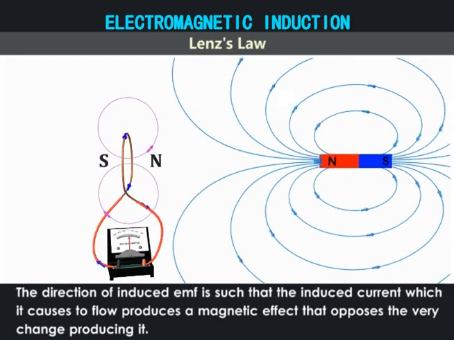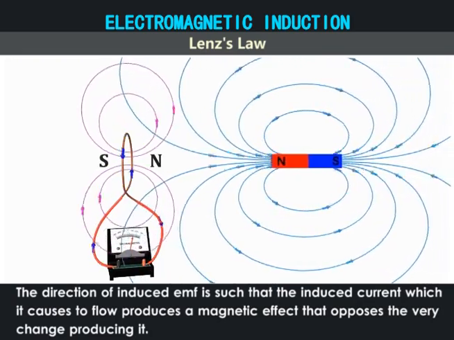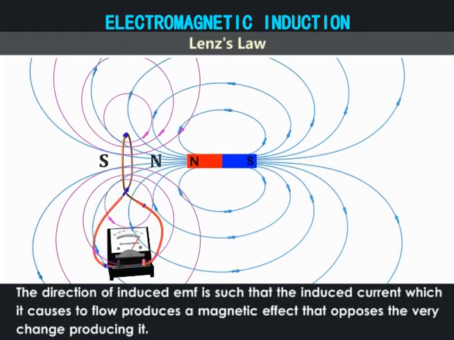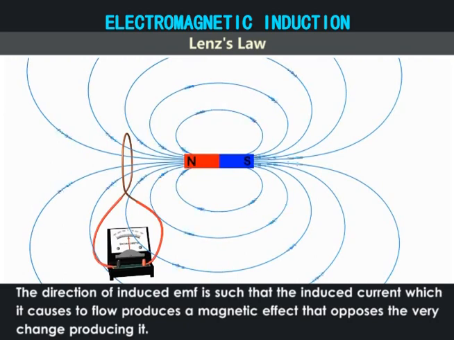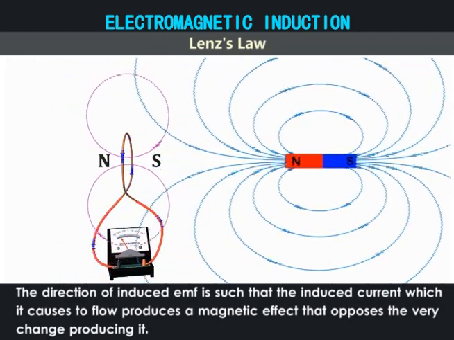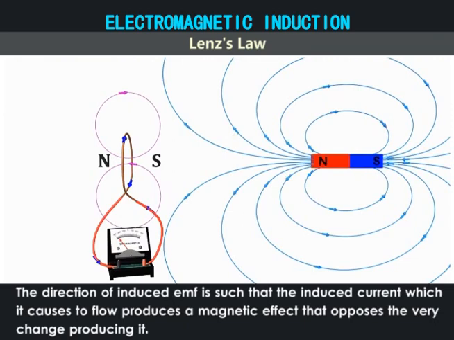So if you are pointing the north pole, the electromagnet at that end of the coil will be a north pole so that it opposes that movement. Again, as you pull the magnet away, the polarity at that end changes so as to attract the bar magnet, so that again there is opposition to that move. So if you're pulling away a north pole, that end of the electromagnet becomes a south pole so as to attract the north pole of your magnet.